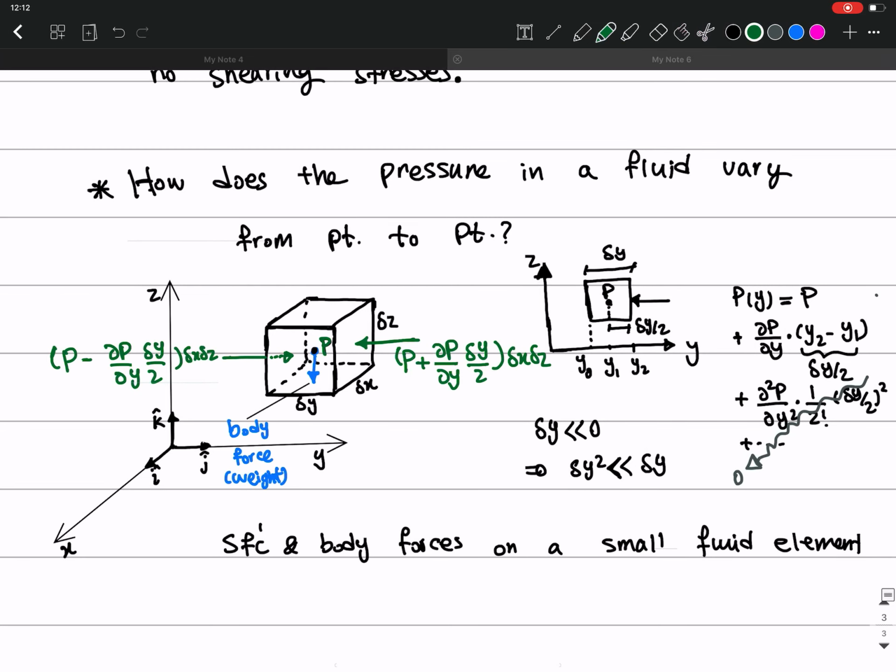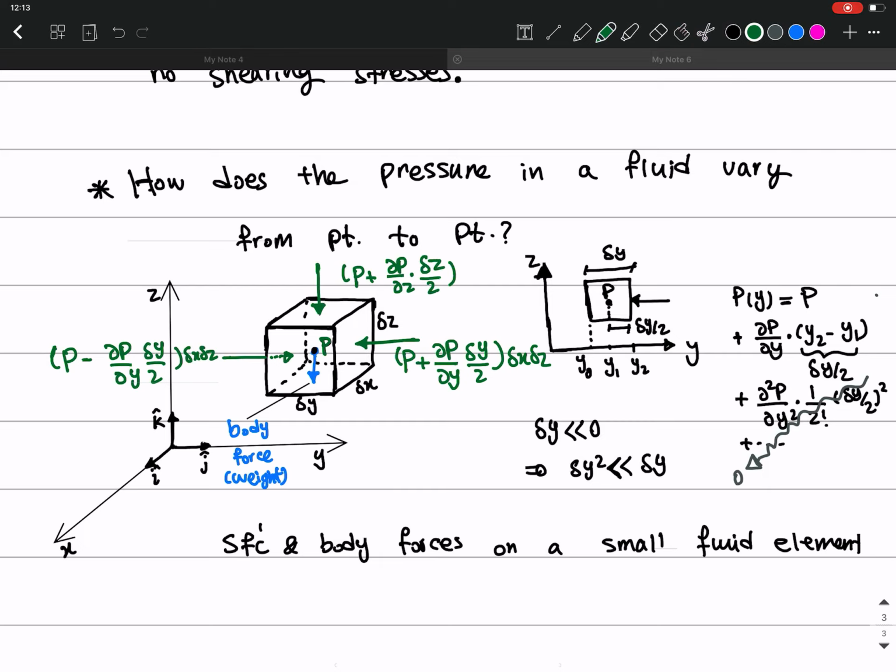And then similarly, you can write it for other places. For example, for the top, we are going to have what? We are going to have P plus delta P, or the derivative of P with respect to which direction? We are now moving in the Z direction, right? This is the Z direction. So it's going to be partial P over partial Z, and we are higher above the point P. So we have to add that times delta Z over half.